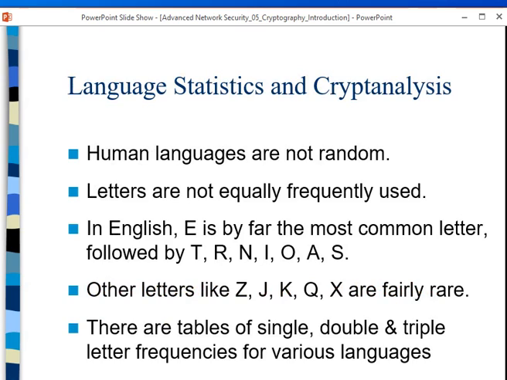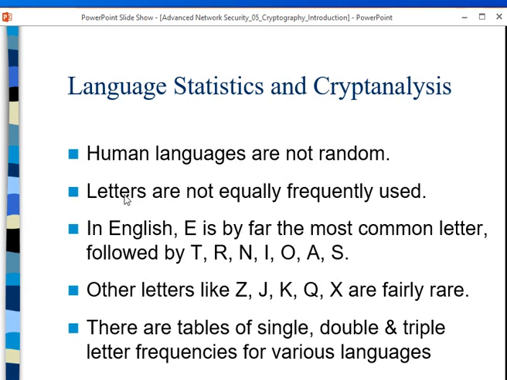Okay, but how can the Caesar cipher be broken? Or in other words, how can we find the secret key? There are some contexts that are so important. The first one: you know that any human language is not random. What does it mean?